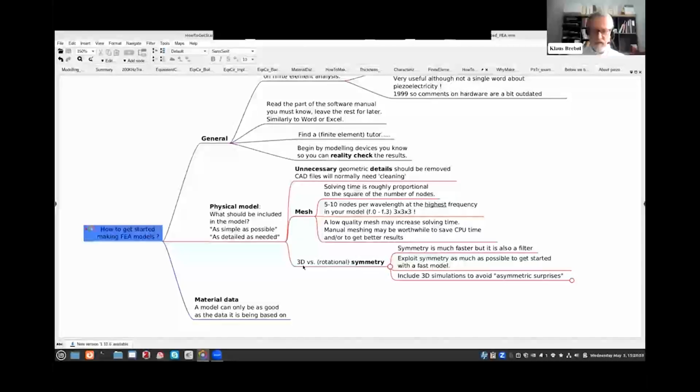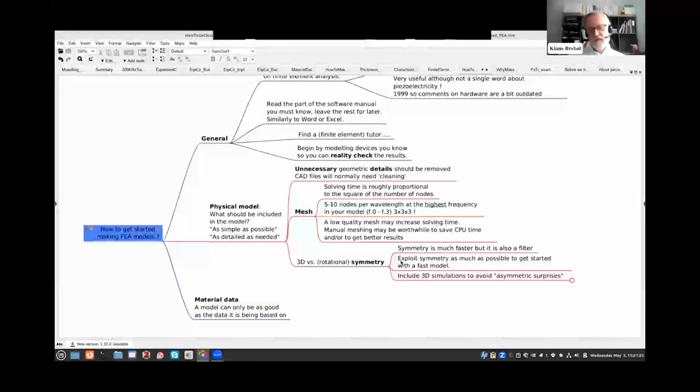A very efficient way of reducing the size of your model is to choose either 2D or 3D, or to cut down on the size of the model by using symmetry. But you should also remember that it's a filter. If you use symmetry, you lose all the asymmetries which are in your model.